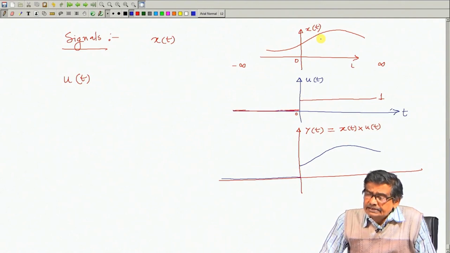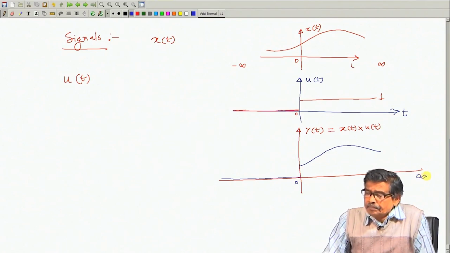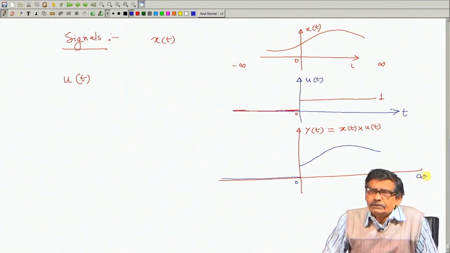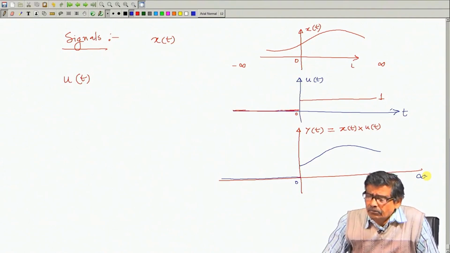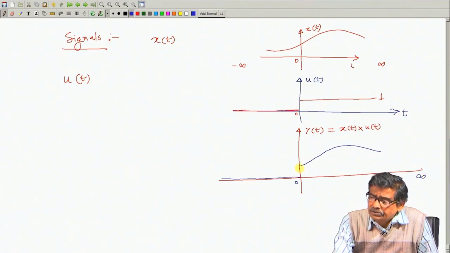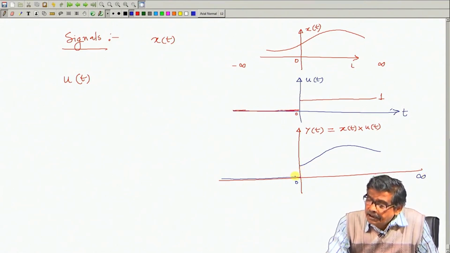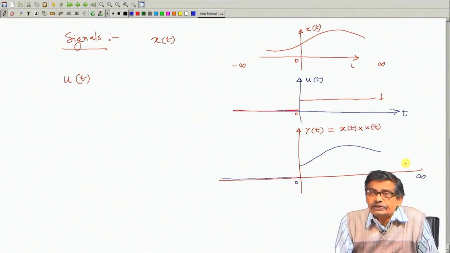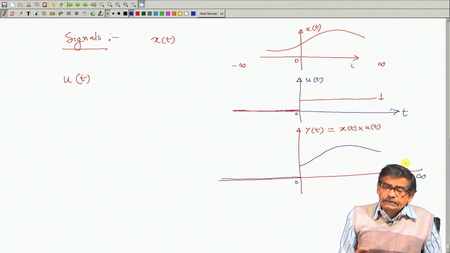In fact, any signal which lasts between 0 to infinity is generally called a causal signal. In our circuits, we will always try to find out at t equal to 0 something I am trying to do with some input signal x(t), and this is the input signal. So, this is x(t).